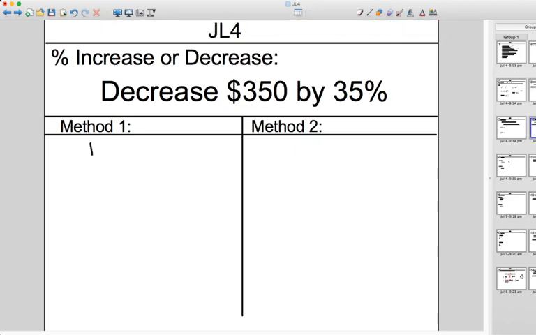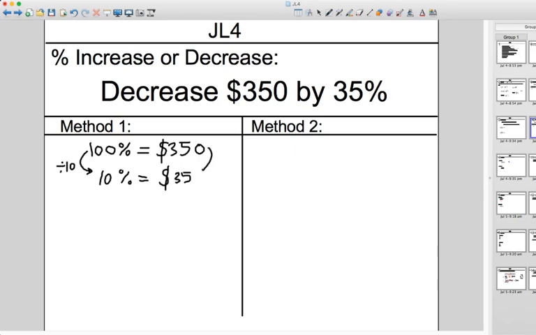Right, so 100% is $350. 10% is 35. How? You're dividing by 10.